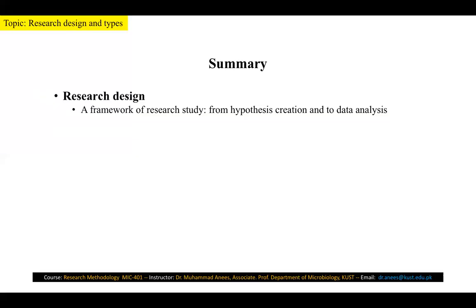Now, during this process, you have to decide many things. You have to decide the samples, you have to decide the sampling design, you have to decide from where these samples should be obtained, what will be the size of the sample, where the samples will be analyzed, what kind of parameters will be measured, in which laboratories the measurement will be done, and then how the data will be organized and analyzed, and finally how the data will be presented, which kind of report will be the result of this research.